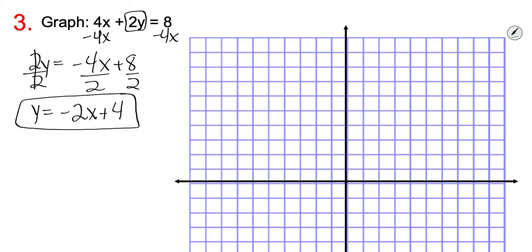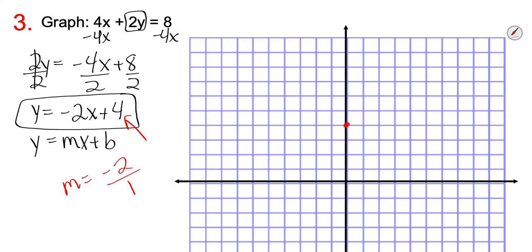So you could, from here, make your XY chart, but I like the easier way, so let's do slope-intercept form. So that is the mx plus b way of graphing. So I start at my intercept, which is a 4, okay? So I'm starting at 4 on the y-axis, and my slope is the -2, which is really -2 over 1.